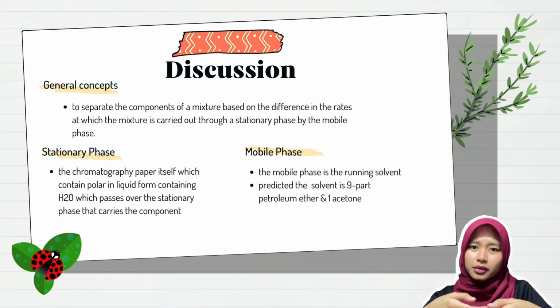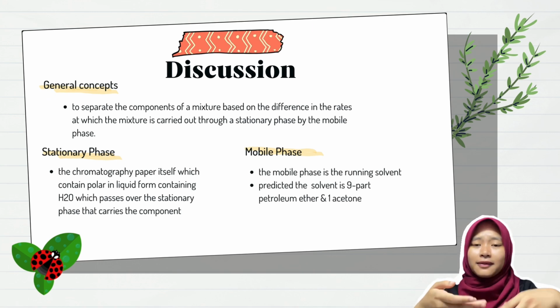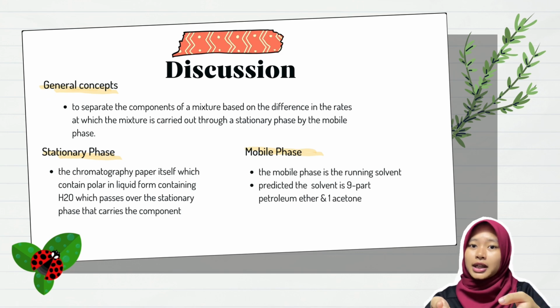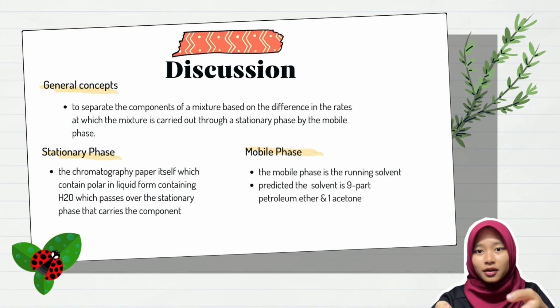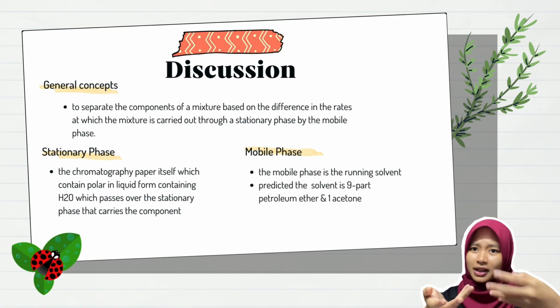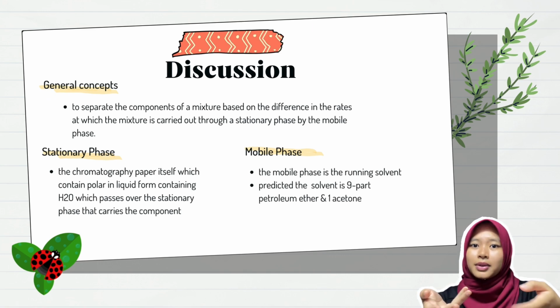In this video, the stationary phase is the chromatography paper itself, which contains polar liquid containing H2O, which passes over the stationary phase that carries the component, and the mobile phase is the running solvent. In this video, they do not mention in detail which chemical it is. So, we predicted the running solvent is 9 parts petroleum ether and 1 part acetone.